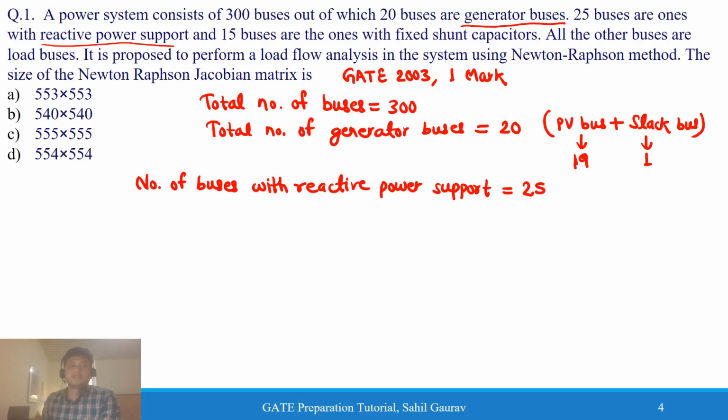Inherently, the generator has an exciter, but sometimes to maintain the voltage at the generator terminal, you need external reactive power support. So the buses with external reactive power support come under PV buses. So 25 are PV buses.